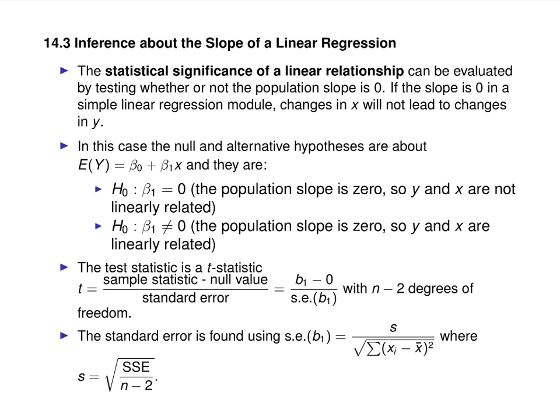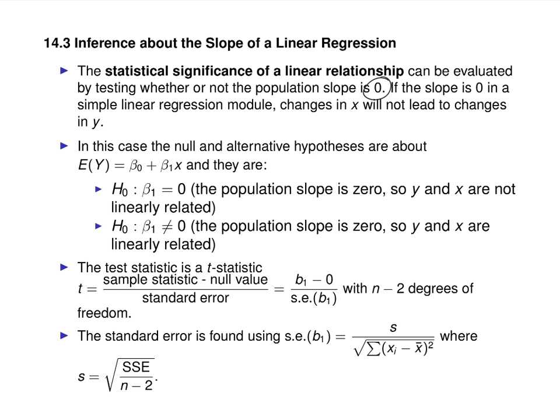Okay. All right. So the last thing we'll talk about is a little bit of doing hypothesis testing with regression lines, and then we'll be done with this. So the statistical significance of a linear relation is testing whether the population slope is 0. Remember that 0 means that there is no relationship between the variables, because if your slope is 0, changing x doesn't change y.